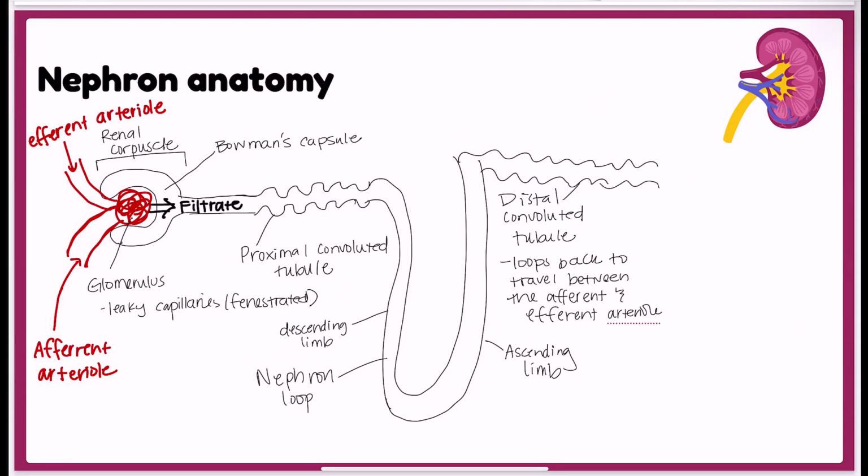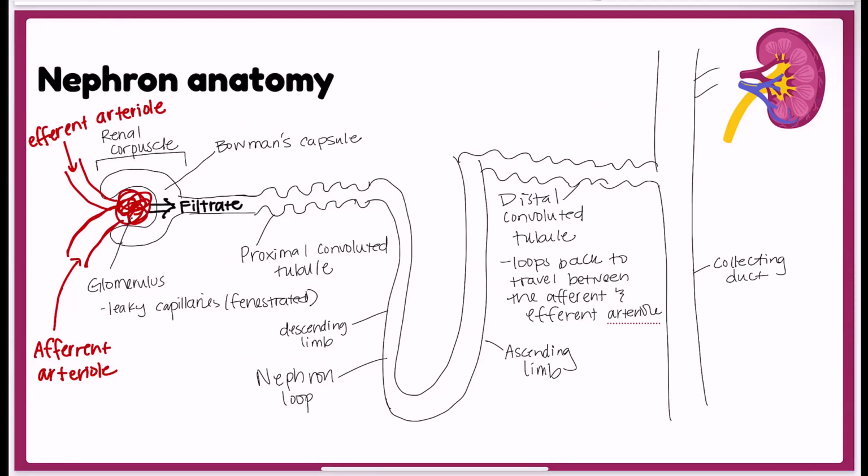But that distal convoluted tubule then drains into this common tube called the collecting duct. And the collecting duct has lots of little branches off of it because it's collecting substances from lots of distal convoluted tubules from other nephrons.